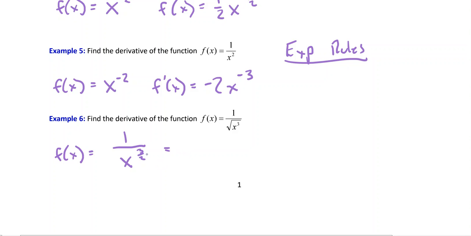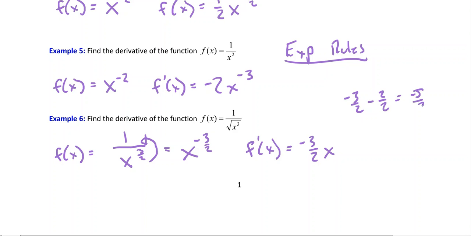And so now we're going to bring this up to the numerator and make it x to the negative 3 halves, using exponent rules. And now we can use the power rule. Bring the exponent down as a coefficient of the variable, and then subtract 1. So negative 3 halves minus 1, or minus 2 halves, would be negative 5 halves.